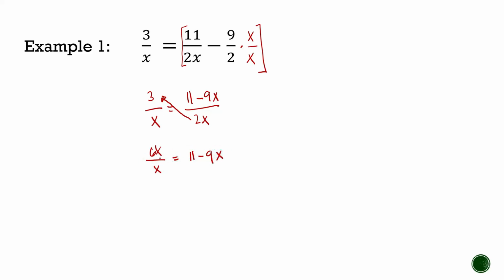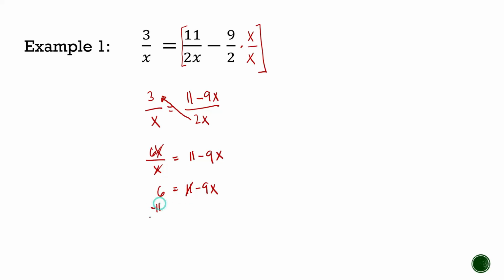Now notice that on the left side there are two x's, one in the numerator and the other in the denominator. So we can cancel that out. That's going to leave us 6 equals 11 minus 9x. Okay. So now all we need to do is to isolate the x from the constant numbers. Next step is get rid of the 11, subtraction property of equality.